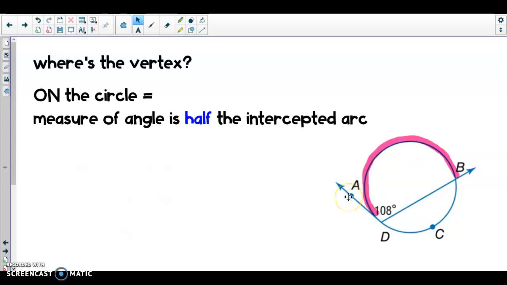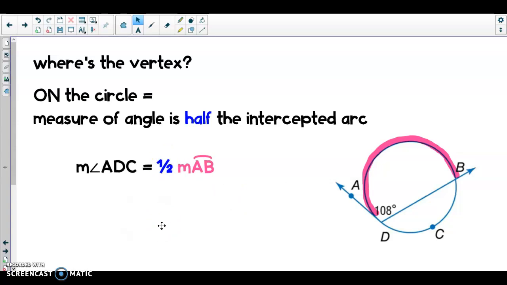So angle ADC, the interior of that would be the minor arc. Actually, it looks like a major arc, DB going this way around the circle, as opposed to the minor arc here, DCB, going that way. So this is the arc that is interior to the angle. So then angle ADB would be half of the intercepted arc.